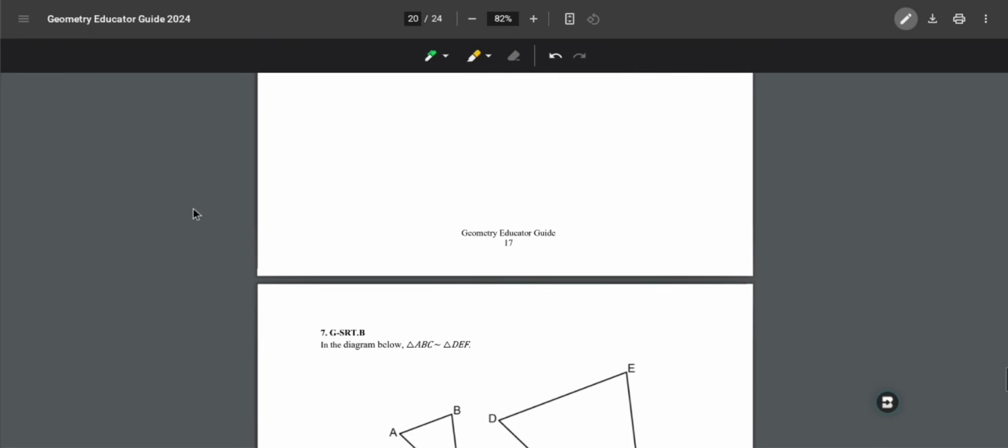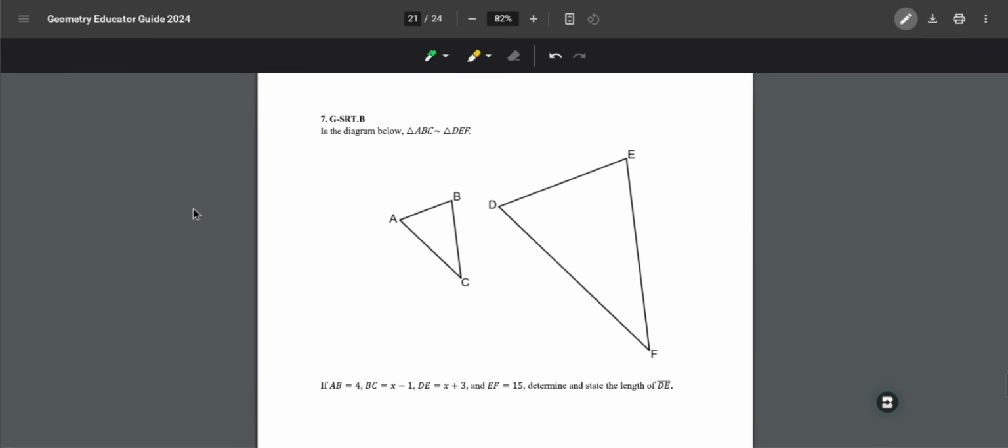Next question. Question number 7 says, in the diagram below, triangle ABC is similar to triangle DEF. If AB equals 4, BC equals x minus 1, DE equals x plus 3, and EF equals 15, determine and state the length of DE.